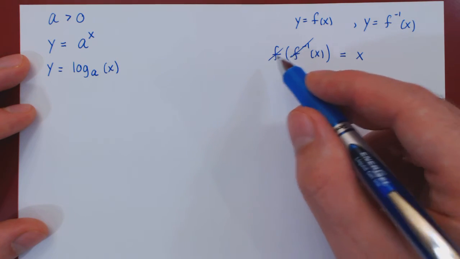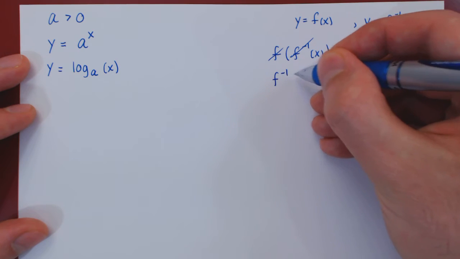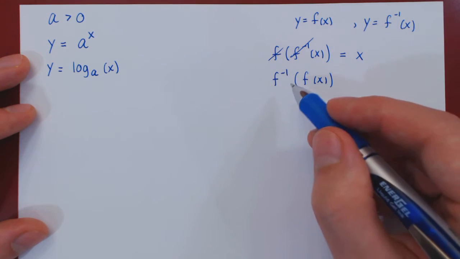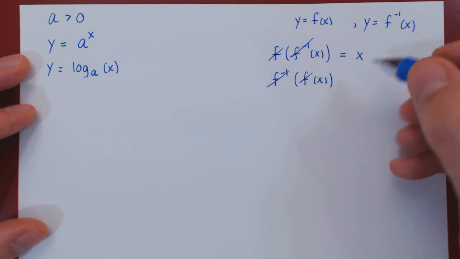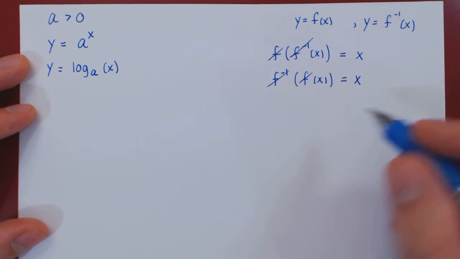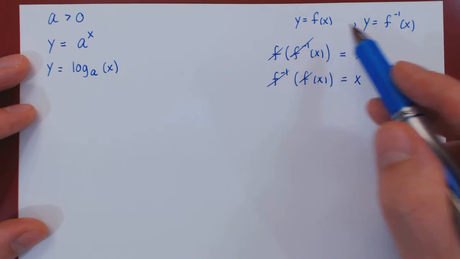We can compose the two functions in opposite order, so we can do f inverse of f of x, and once again we are composing a function with its inverse, so the two will cancel, and we will once again obtain the original argument. This is a defining property of the inverse relationship between two functions.